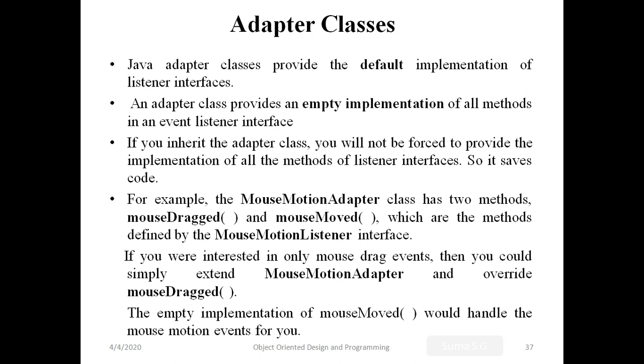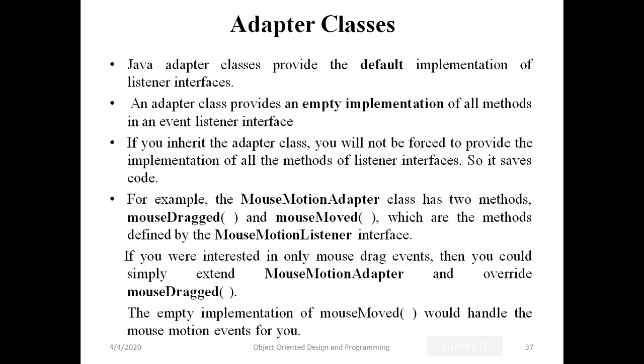If you use a listener interface, you are forced to implement all its methods. But if you inherit an adapter class instead, you are not forced to implement all methods. Only the suitable, required methods can be overridden in your class. For all other cases, the empty implementation will work.